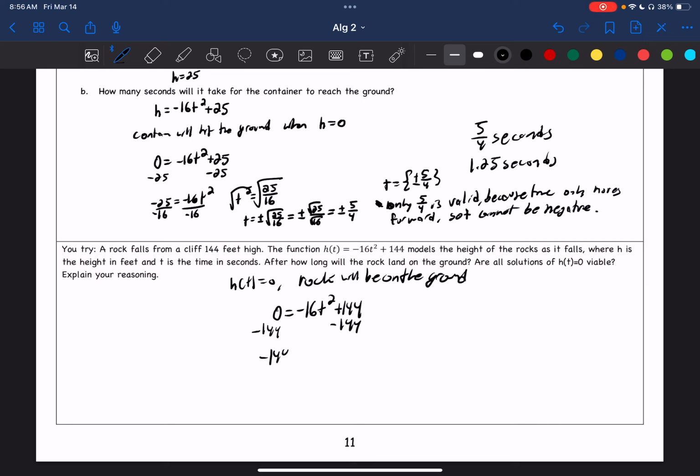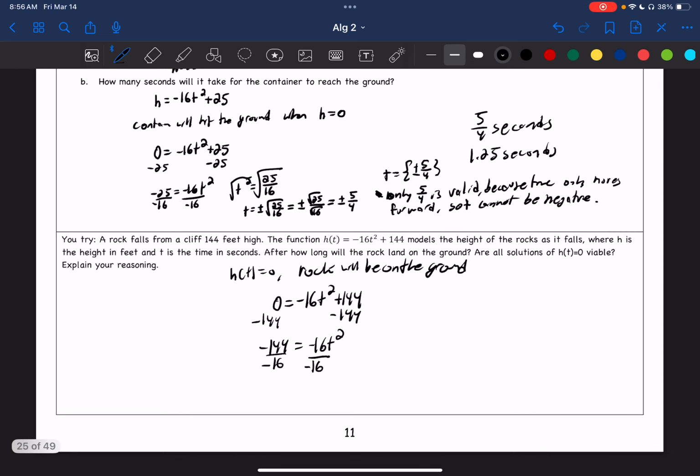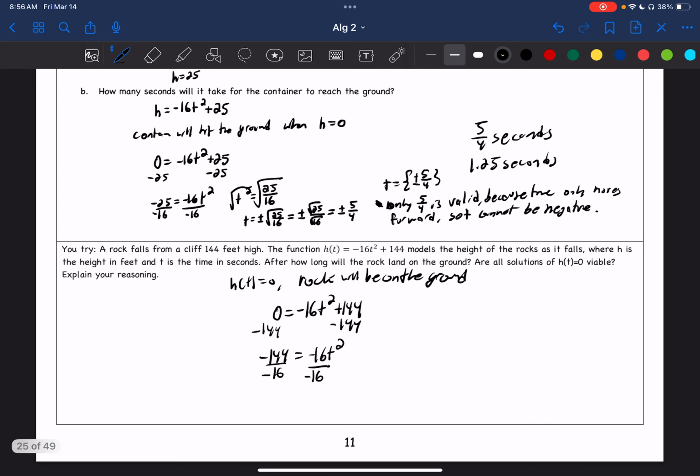We'd get negative 144 is equal to negative 16t squared. We can divide both of these by negative 16. 144 divided by negative 16, well, that's 9. So 9 is equal to t squared, which means t is equal to plus or minus 3.